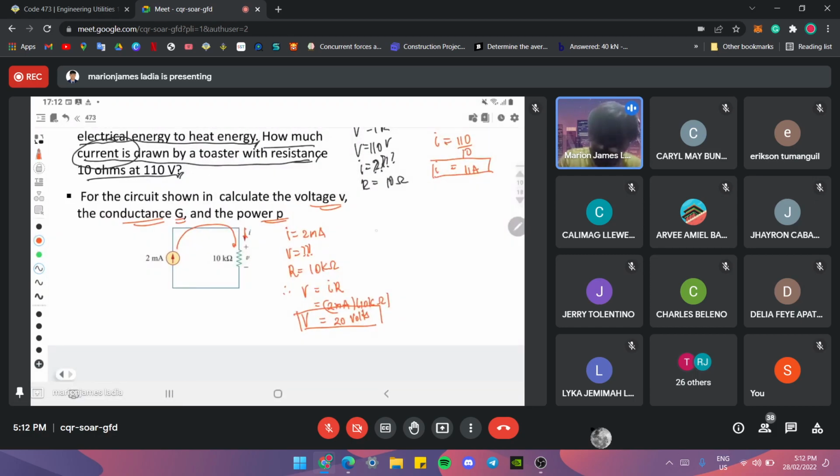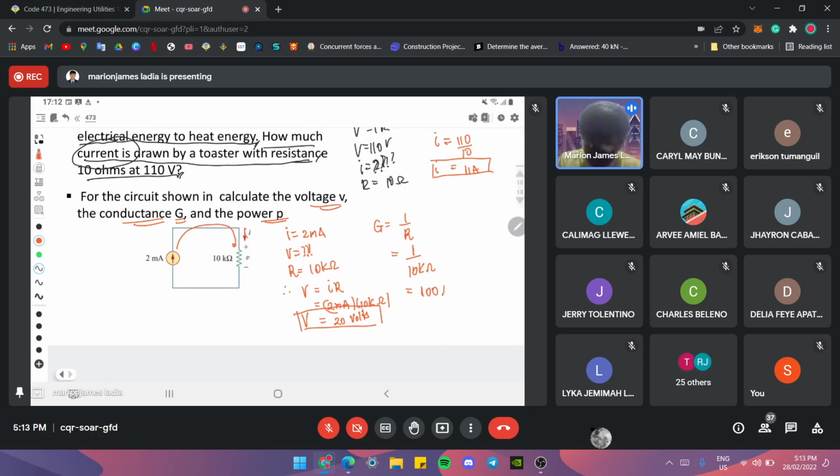Okay. Next, yung ating conductance. So, conductance G, as I have said, is equal to 1 over R. So, we'll have a value equal to 1 all over 10 kilo ohm. So, 1 all over 10 kilo ohm, nasa kwanto? 10 multiplied by 10 raised to positive 3. So, meron tayong value ng 100 micro. 100 times 10 raised to negative 6.